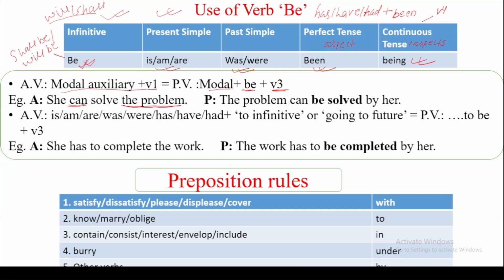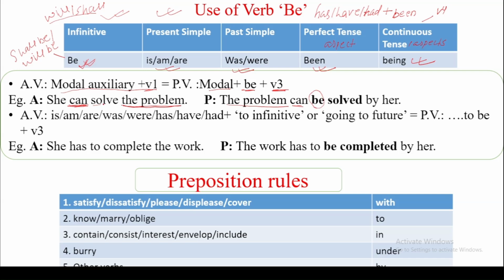So the problem, we write here as subject. Then we add verb be. Can is a modal verb, so can remains the same, and we add be with modal auxiliary.